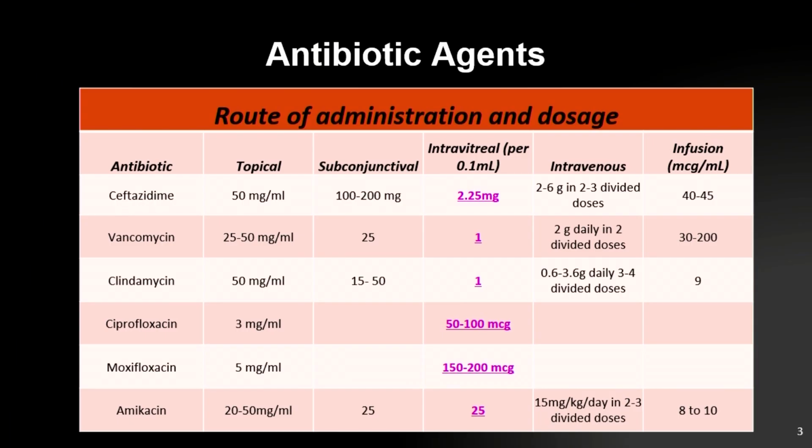Apart from that, other agents such as clindamycin, ciprofloxacin, moxifloxacin and amikacin can be given in special situations based on the isolation of the organism in culture or other methods. Amikacin was proposed in the endophthalmitis vitrectomy study, but due to macular toxicity it is now discontinued.